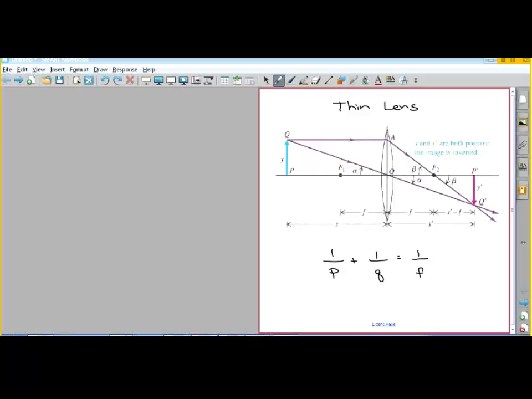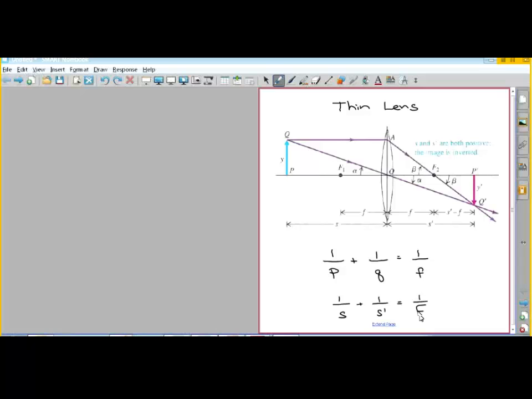There's also an equation for the magnification. So m prime, actually it's not m prime, it's just m. And in this case I'm going to use the terminology that's shown. So using their definitions, you'd say 1 over s plus 1 over s prime is equal to 1 over f.